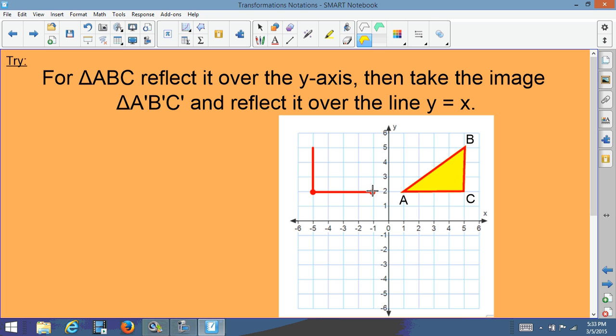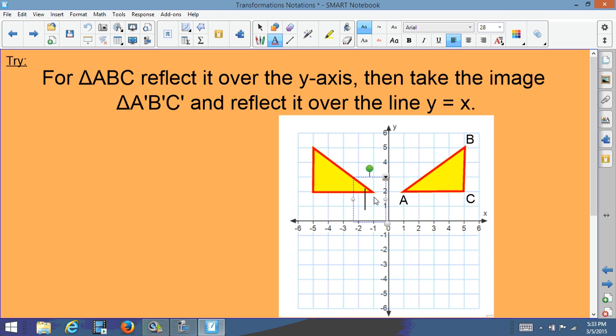So let me connect my dots, and now I have a reflection of triangle ABC over the y-axis. Excuse me. So let's put our labels down. Let's label it.